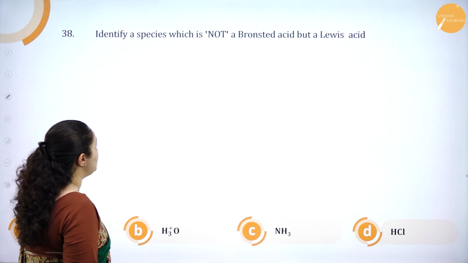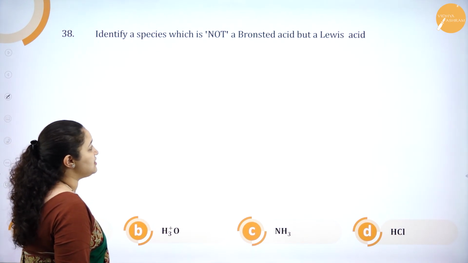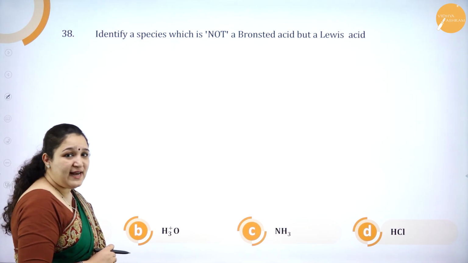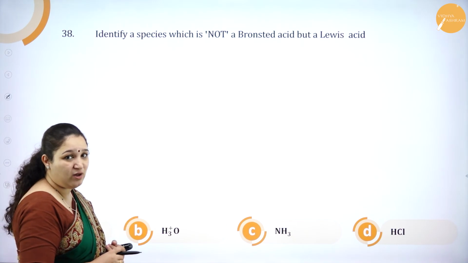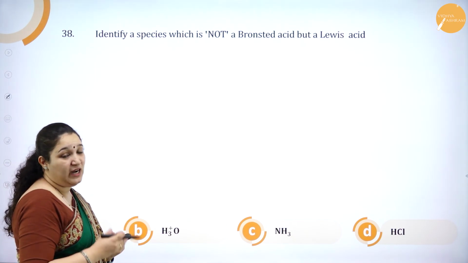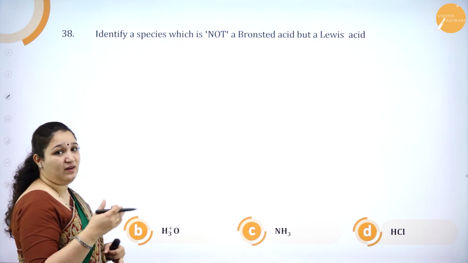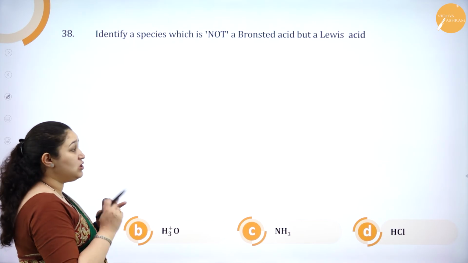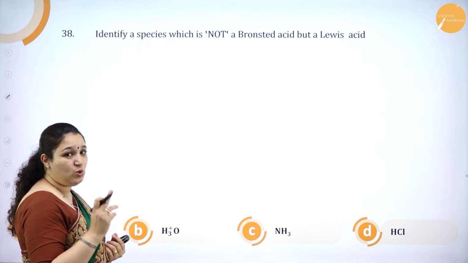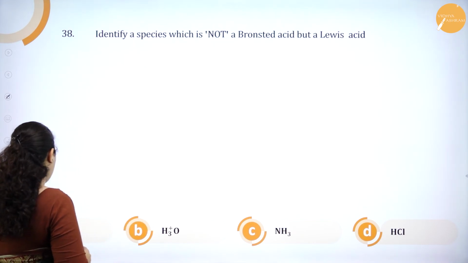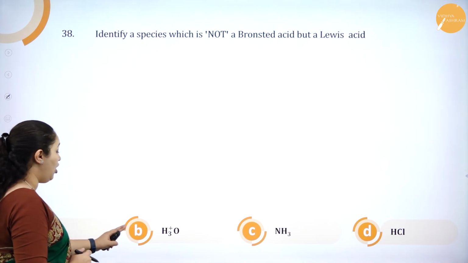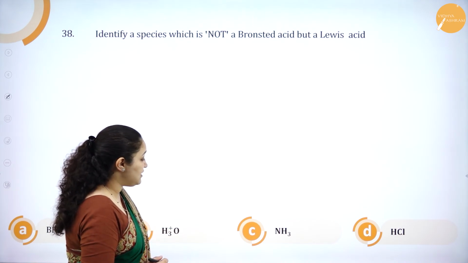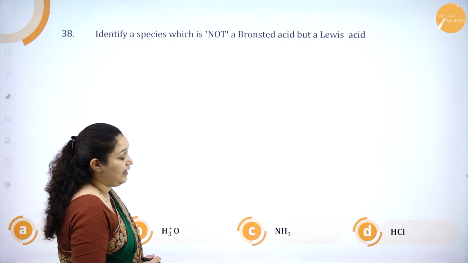Identify a species which is not a Bronsted acid but a Lewis acid. What is a Bronsted acid? It should give away an H plus ion. What is a Lewis acid? It should be able to accept a pair of electrons. Correct? Options: A, BF3; B, H3O plus; C, NH3; D, HCl.